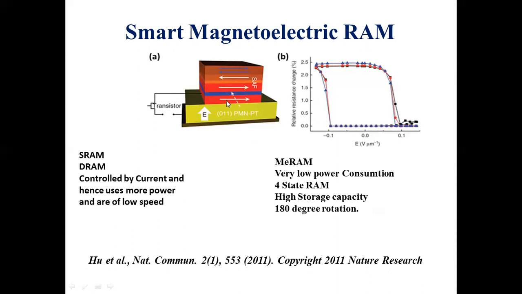Basically it consists of 3 layers like this, which are parallel to each other, and here they are anti-parallel to each other. Actually it consists of one piezoelectric layer, and these are the ferromagnetic layers, and they are polarized oppositely.